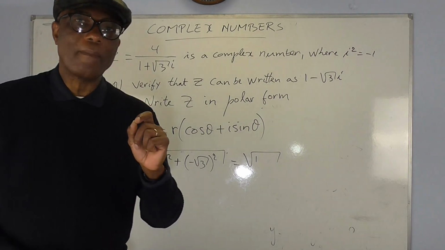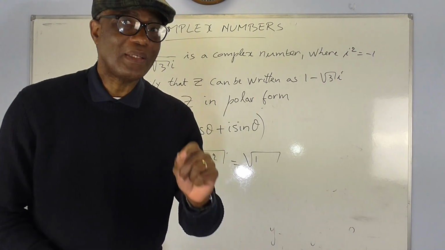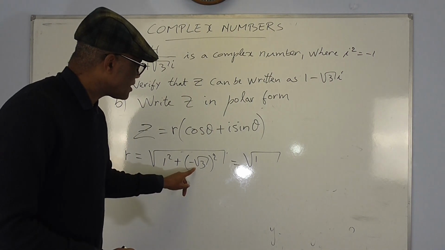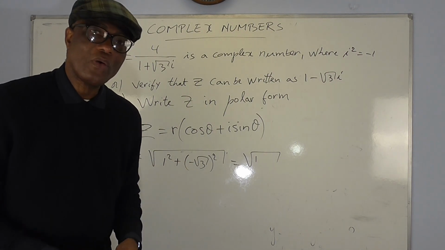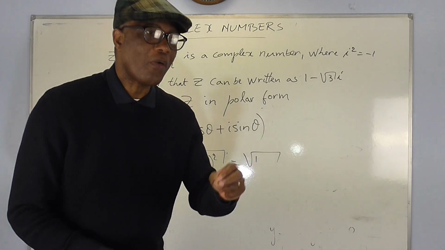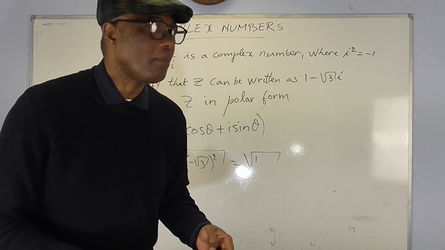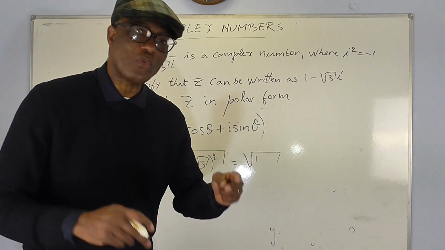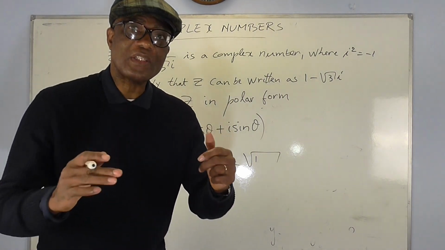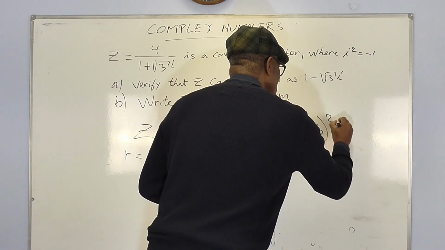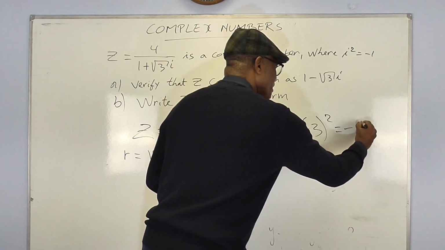Many students make mistakes. When you ask them, what is the square of minus 3, for example, they say it's minus 9.